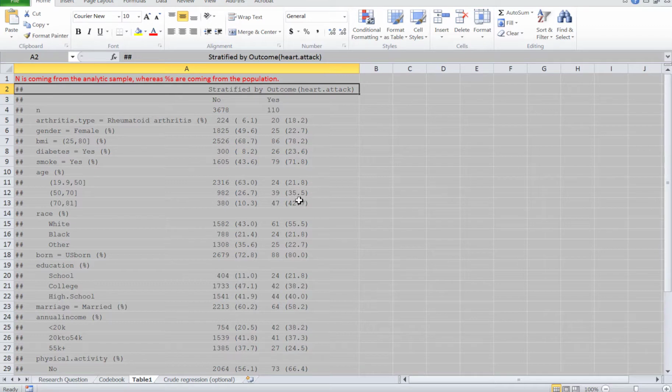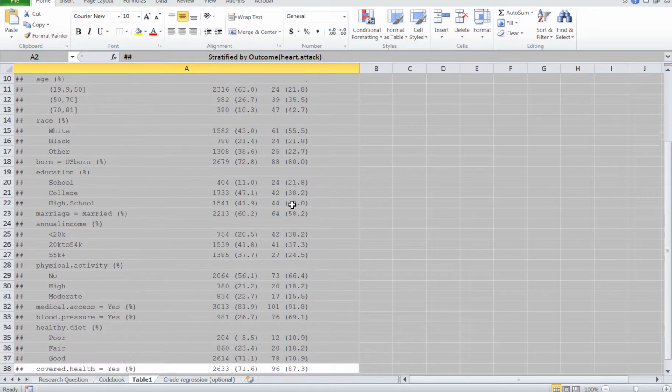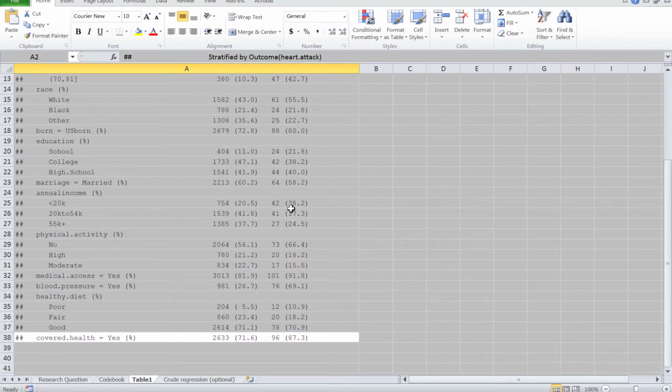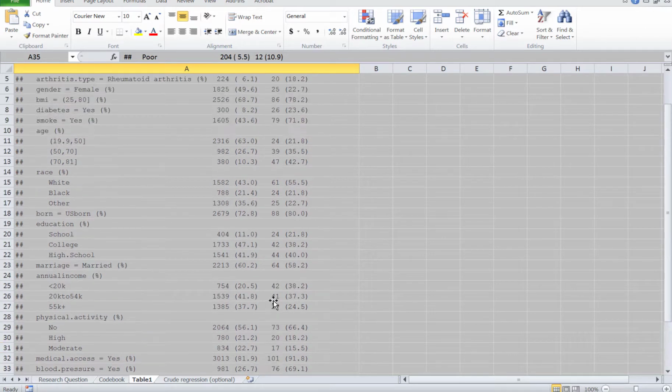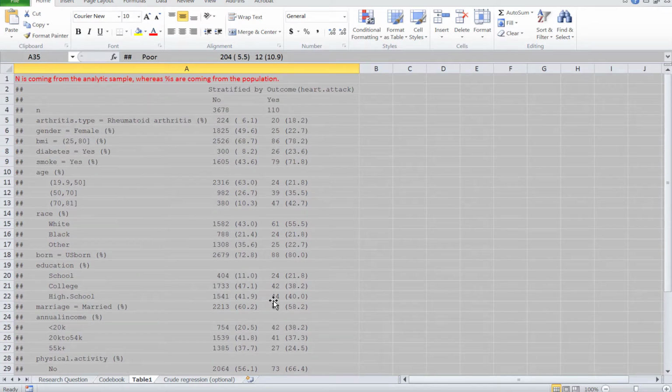And if you see some of the categories have a very small amount of observations, say for example in here you have only 12 observations, and if in some categories you have even fewer observations, those are the categories you need to think a bit more about.